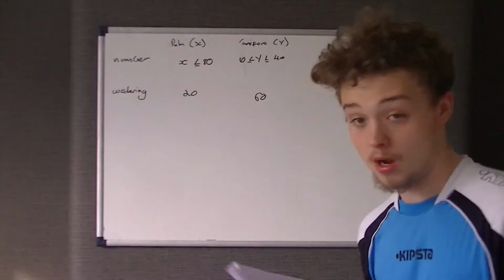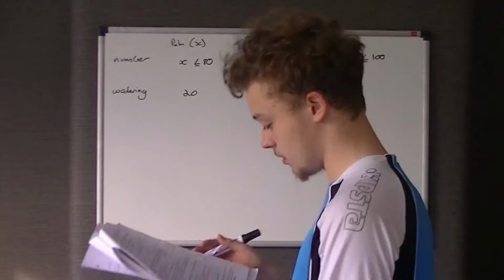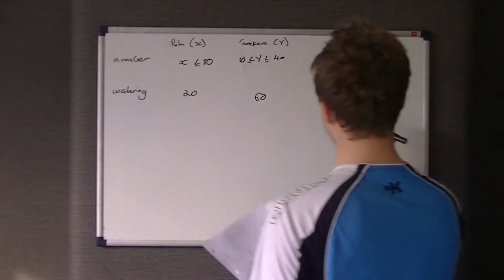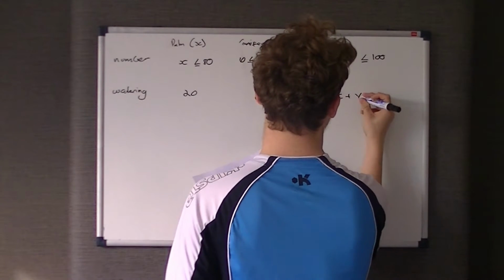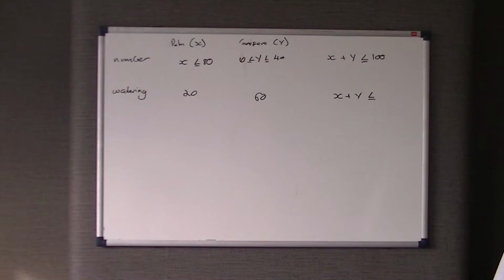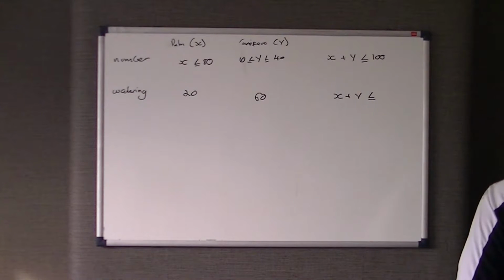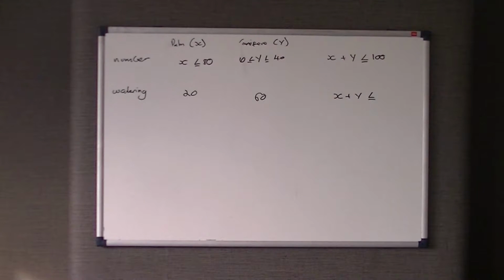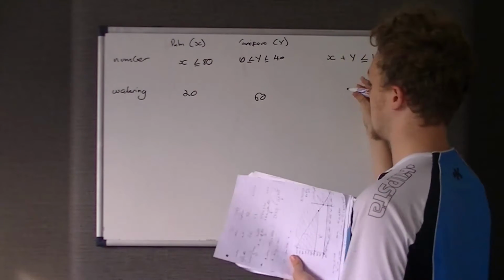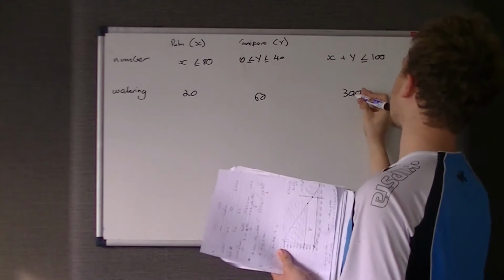But there are only 3,000 litres of water available each day. So you will put therefore x plus y must also be less... Sorry, one second, double checking. Put 3,000.